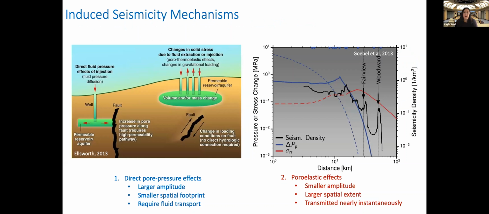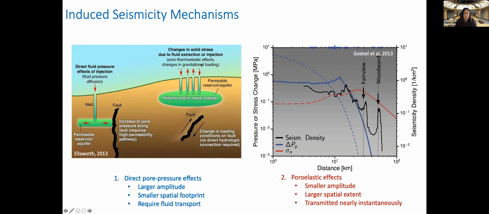Okay, so briefly, just to touch on the mechanisms again that are responsible for induced seismicity. First, we have these direct pore fluid pressure effects that arise due to the direct interaction between fluids and faults. And then we have these poroelastic stresses, which arise due to rock deformation.